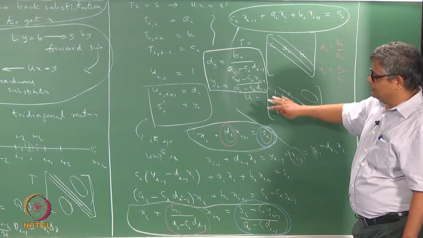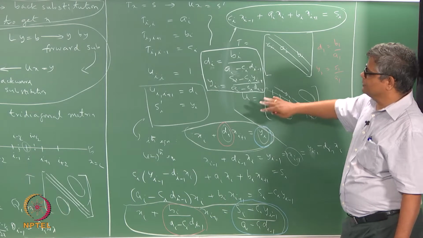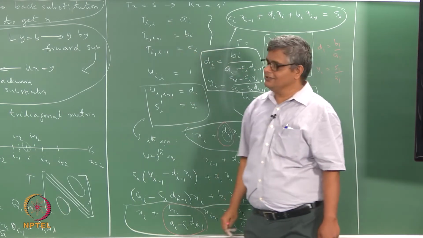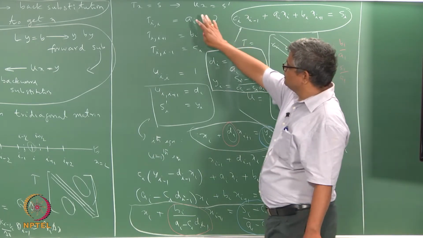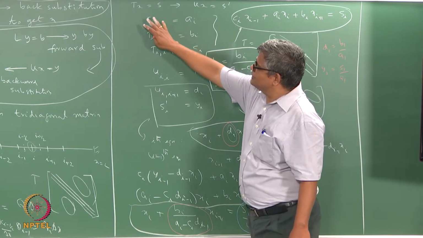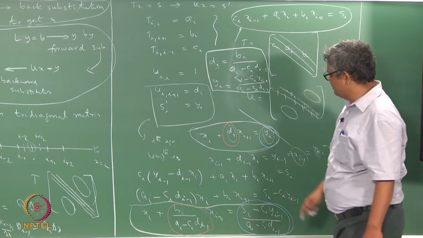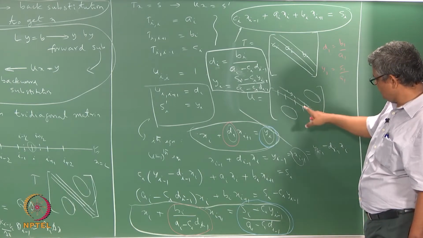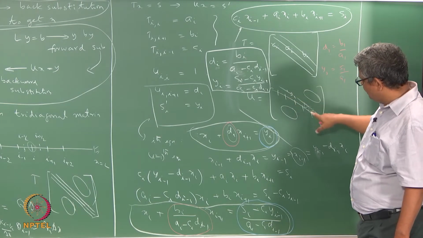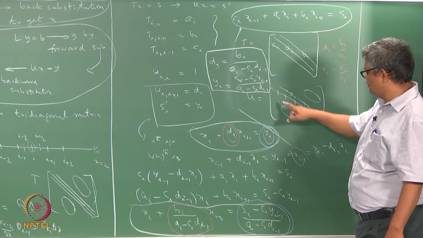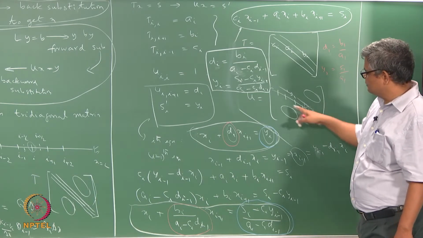So, we will write down the whole algorithm for the solution of Tx equal to S using this tridiagonal matrix algorithm, in which we write Tx equal to S in the form of an upper bidiagonal matrix involving only 2 diagonals, in which we put all these diagonal elements to be 1. Why we want to put these to be 1?